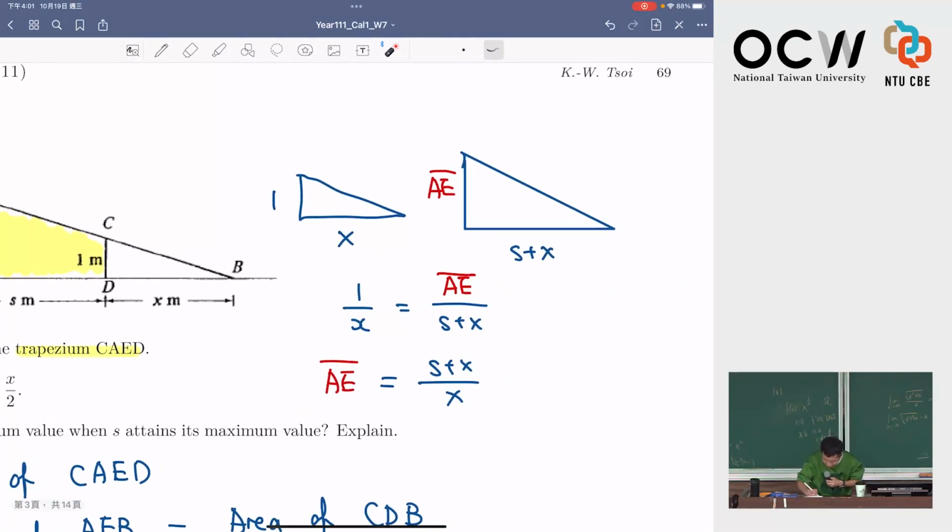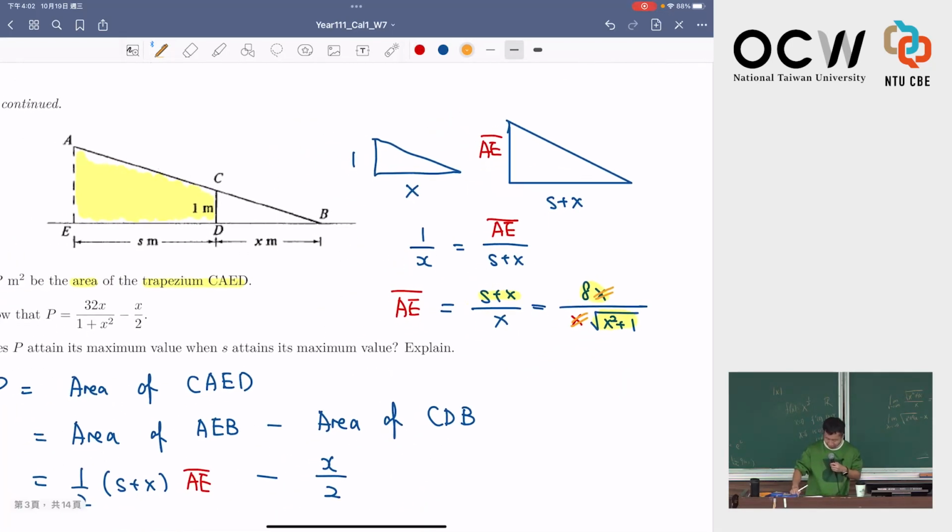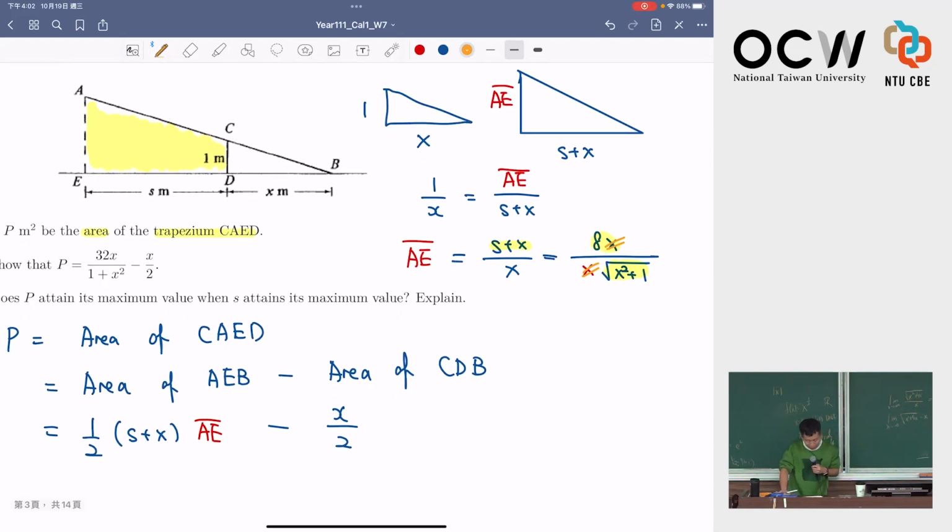So this turns out to be just 8x over x squared plus 1, but don't forget you have an x at the bottom. But of course, this and this cancel each other. So AE has a very pretty looking expression.